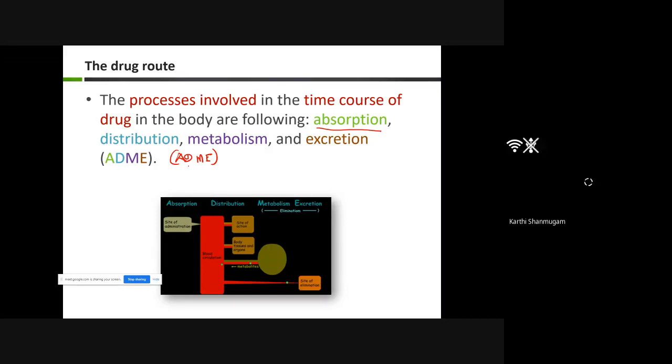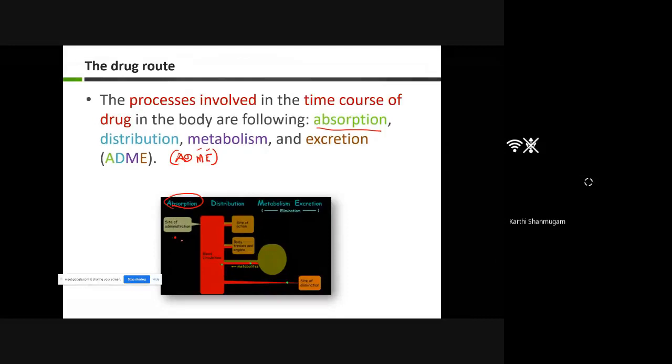They should have good absorption, good distribution, very good metabolism, and good excretion properties. If any drug molecule has good absorption, distribution, metabolism, and excretion, then we can say those molecules are candidate drug molecules which can be evaluated in the human system. First, absorption: you're taking any drug molecule by any mode of administration, say oral administration.